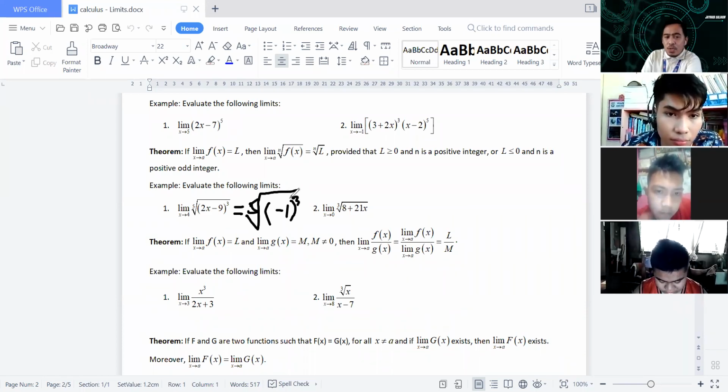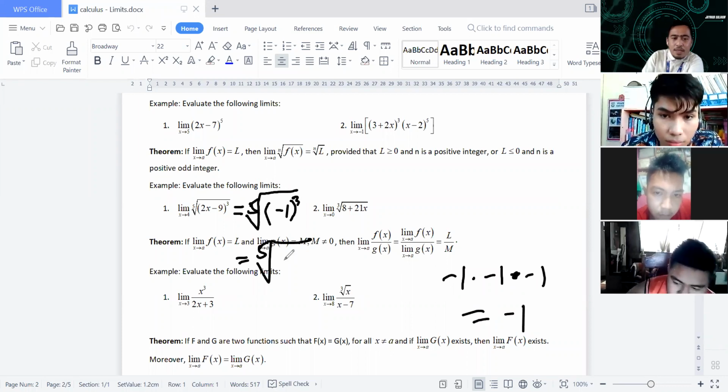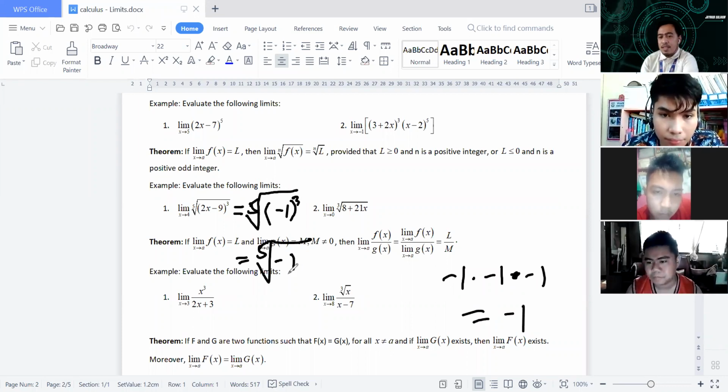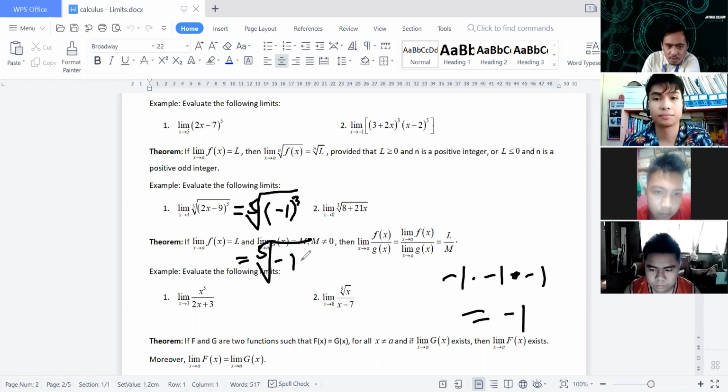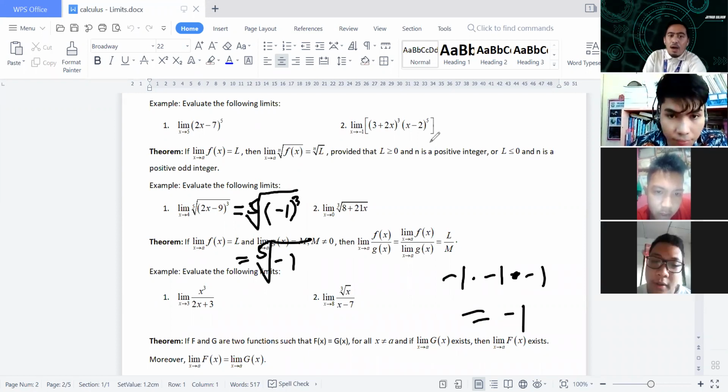If you take the cube of negative 1, what's the answer? Negative 1 times negative 1 times negative 1 is still negative 1. And if you consider that it's negative, look at your index: odd or even? Odd, sir.